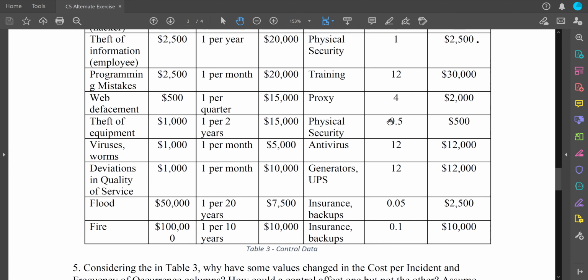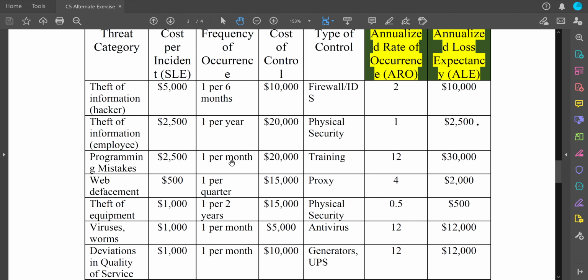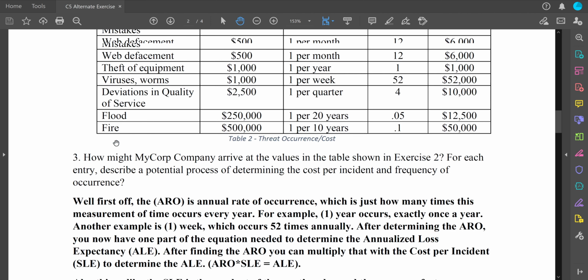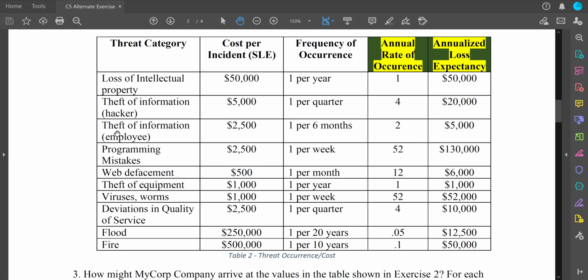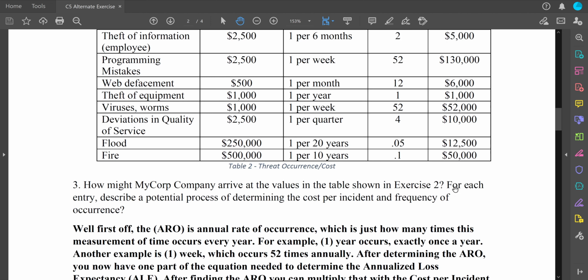So let's go back up here and do an example, right? So we'll do one for theft of equipment, right? So let's go back up to the first table, pre-assessment, theft of equipment, right? The ALE for theft of equipment in the first table is $1,000, right?